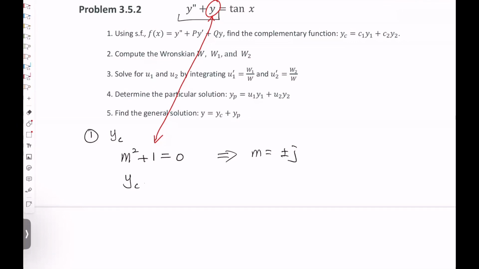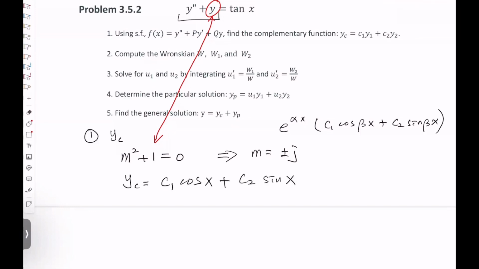So our y sub c equals c1 cosine x plus c2 sine x. We have e to the alpha x times c1 cosine beta x plus c2 sine beta x, but there's no alpha in here, 0 plus minus j, and beta equals 1.